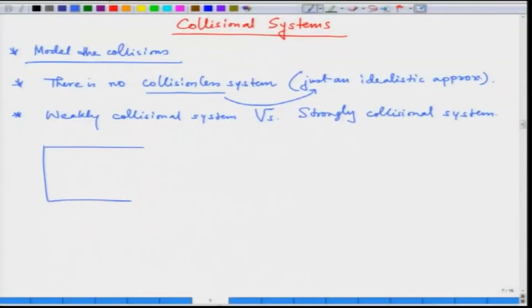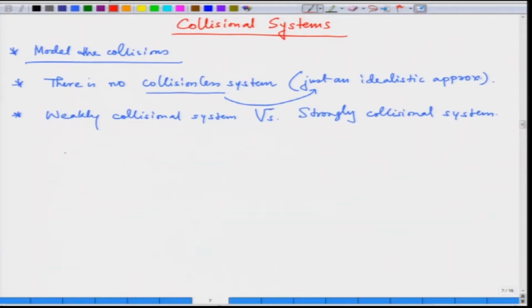So, for example, you have a box consisting of particles, and we say that n is the number density of the box. So, n particles will be in unit volume, that is the definition of the number density. Then one particle will have 1 by n volume. So, we have to understand what is the meaning of weakly collisional system and strongly collisional system, and how can we distinguish one from the other.